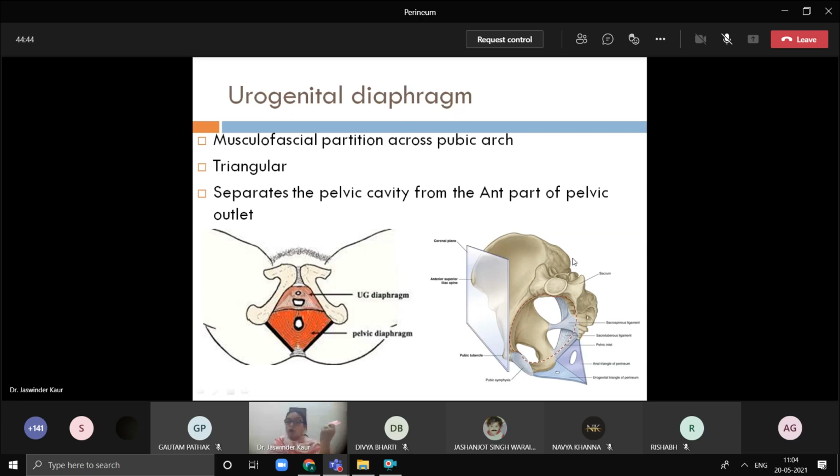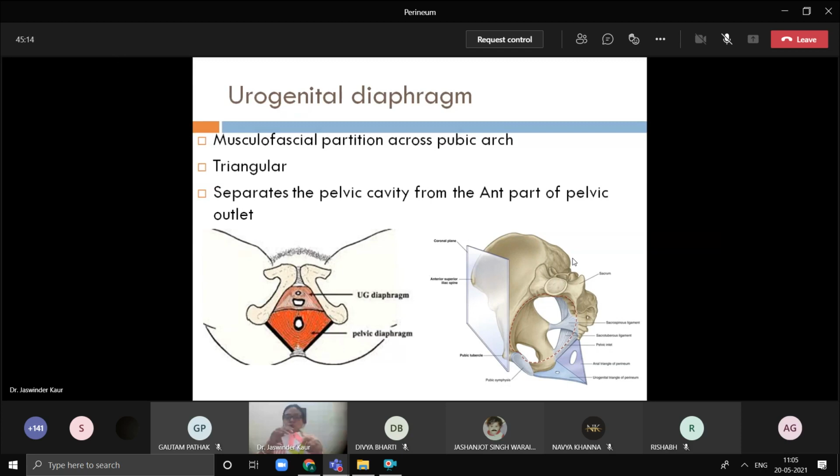Here you can see, this hole is the outlet, and anteriorly is the urogenital diaphragm. Above it is present the pelvic cavity. So the urogenital diaphragm separates the anterior part of the pelvic outlet from the pelvic cavity.